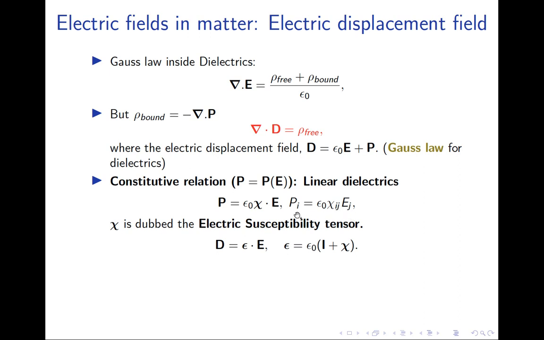So it's clearly Pi, the ith direction dipole component, is not proportional to the ith direction electric field. It is proportional to somewhat the j direction, or the sum over all j directions. So it is not necessarily true that, for example, it could be that Ej is non-vanishing in the 2 direction, but we will have a non-vanishing P in the 1 direction.